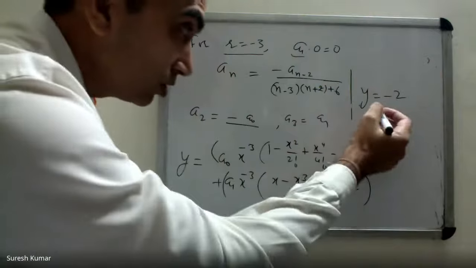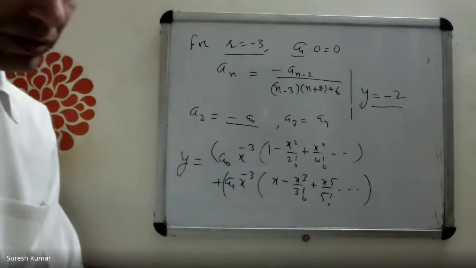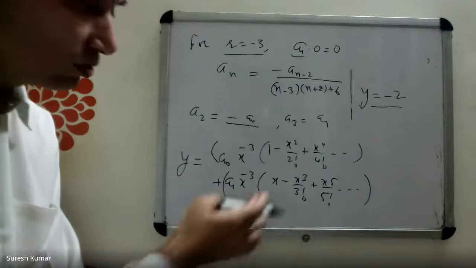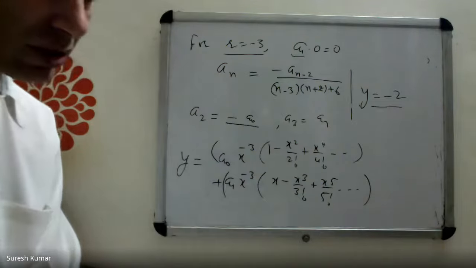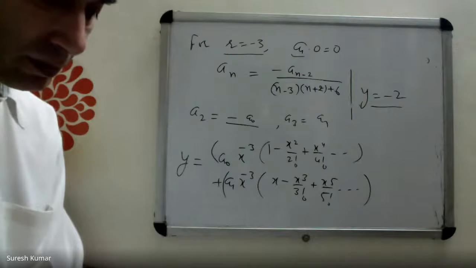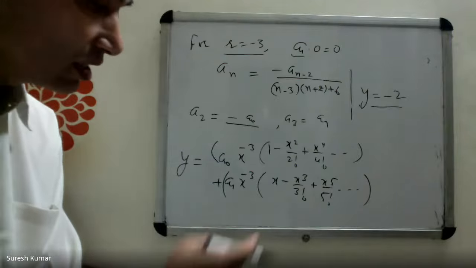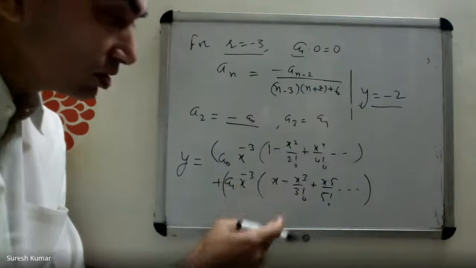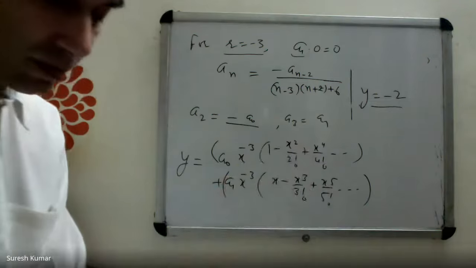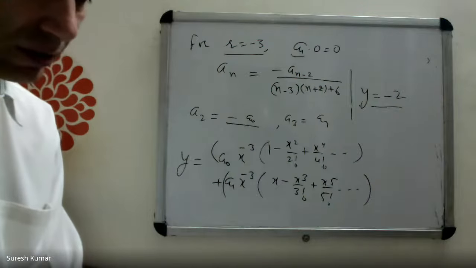Now corresponding to the larger root, what is the situation? Do you think that you will get a solution different from these? No, sir. That should not happen. You can find that. You will see that either that solution is a multiple of this or this. You will not get a different solution.